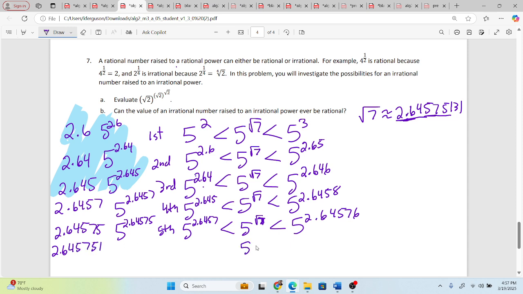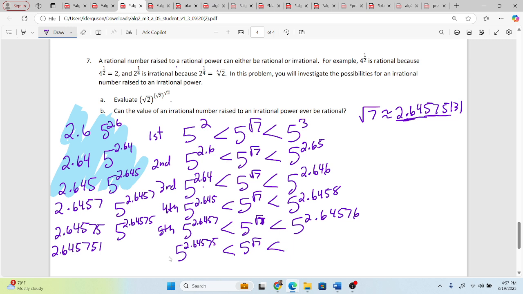So that's what my 5 to the radical 7 power represents. So for my next interval, it's going to be 5 to the 2.64575 power. And then the 2.645751 power is represented by that square root of 7.